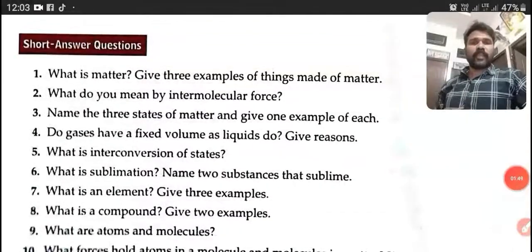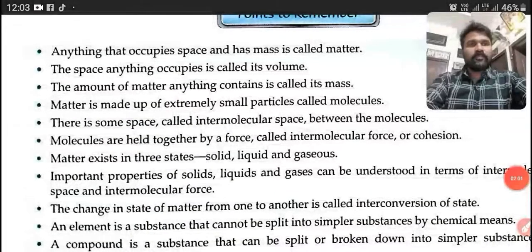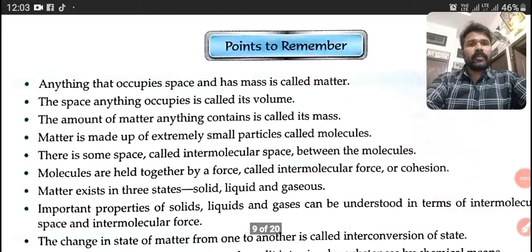Question number 3. Name the 3 states of matter and give one example of each. The answer is here in points to remember. Please mark it.